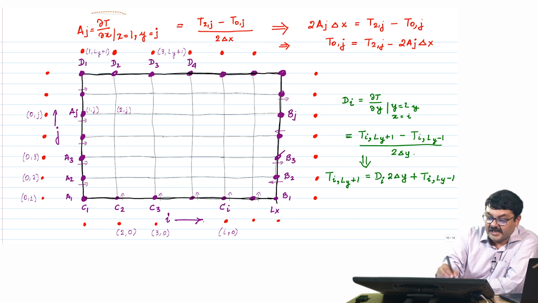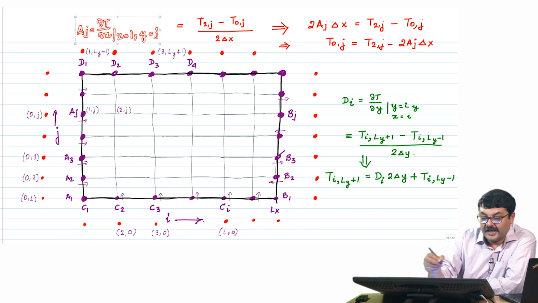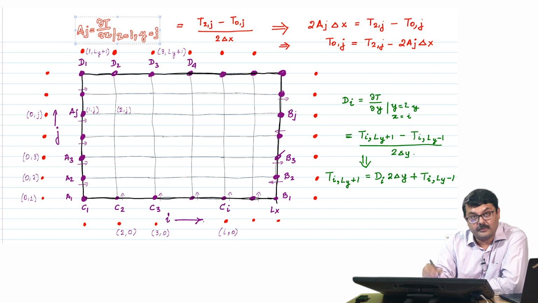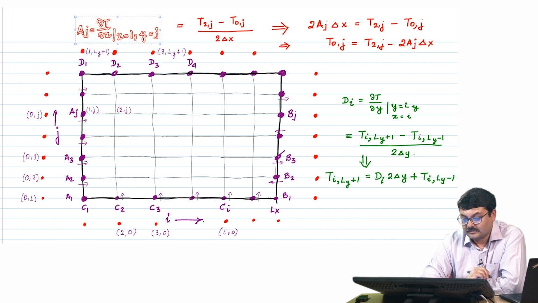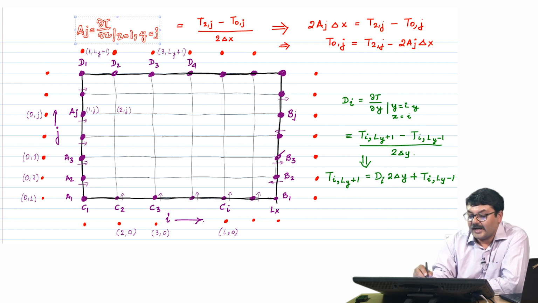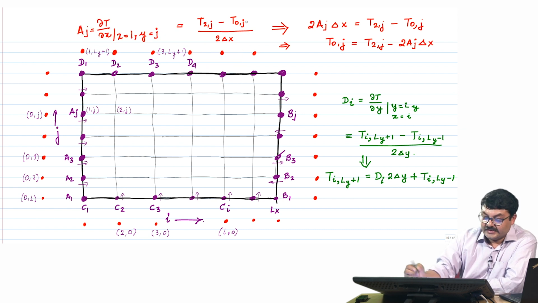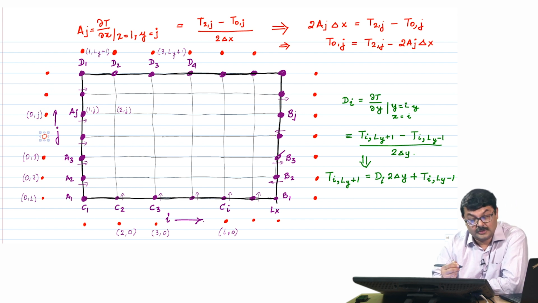So Aj equals dT/dx at x equal to 1 and y equal to j, and can be written as (T2j minus T0j) by 2 delta x. T0j is essentially these points outside the lattice which do not exist, and the question is how you figure out this value.